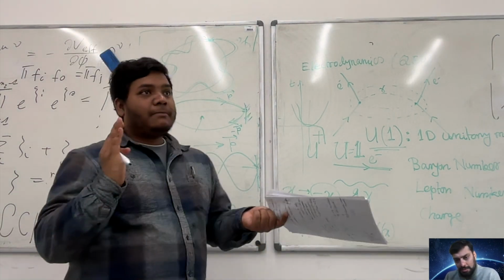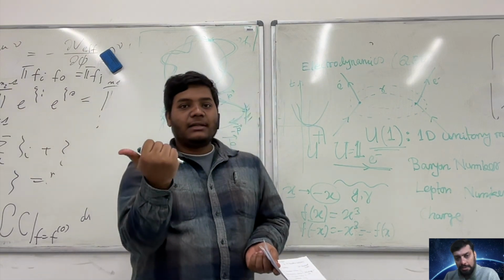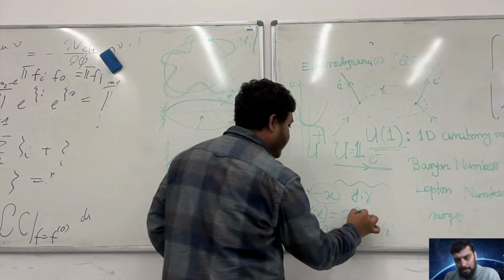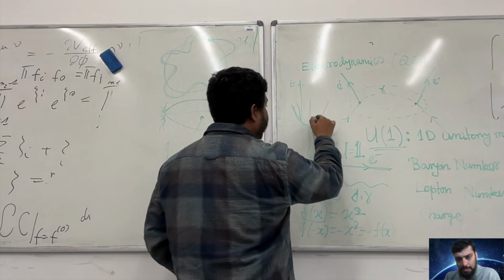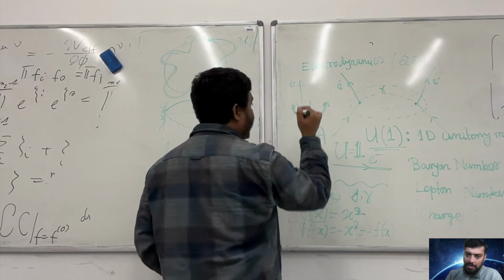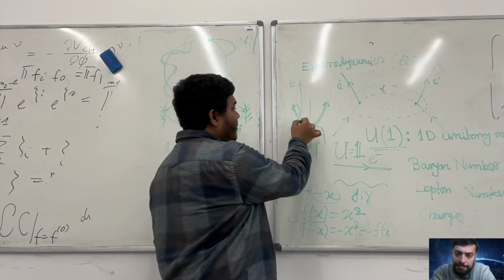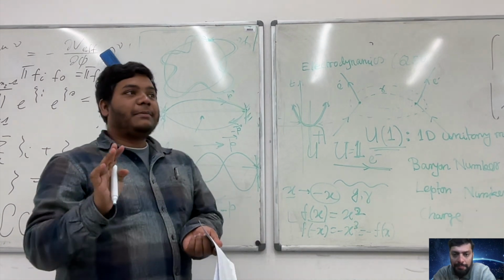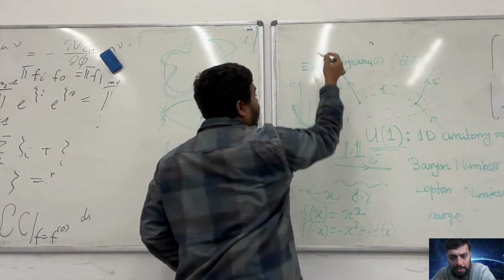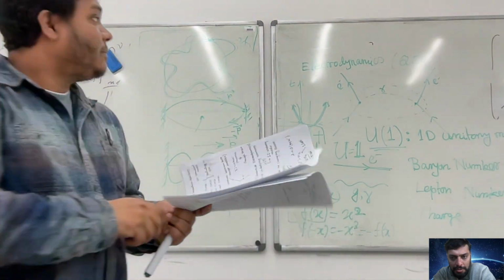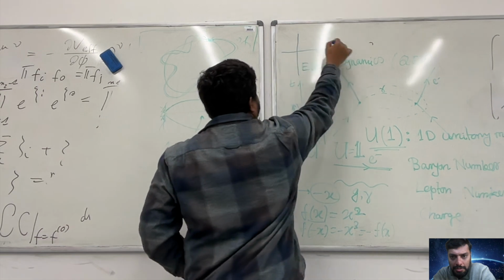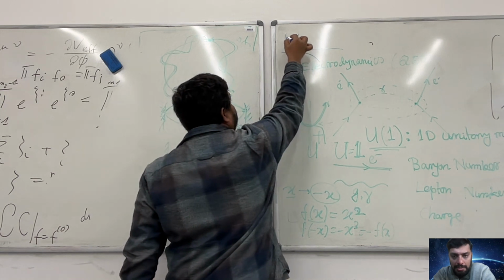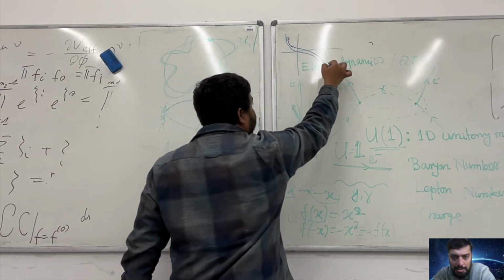So whenever there is some positional symmetry, if you go from x to minus x or minus x to plus x, like a function x square instead of x cube, which is a symmetric function, then if the particle is moving from this direction or from this direction, your momentum will always be conserved. But if I consider a function like this, which is not symmetric, and I put a ball here, the ball moves here and then moves this way again.